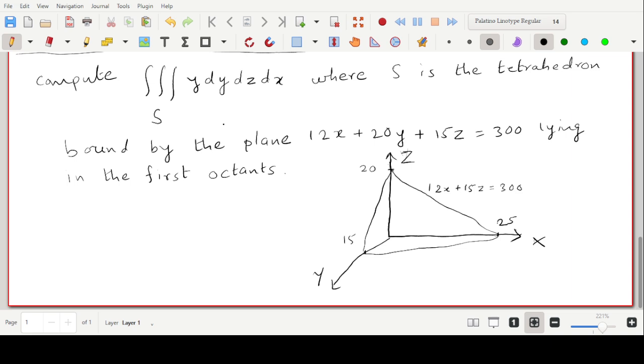So for every x here, what is the z here? Suppose you take x as varying from 0 to 25.